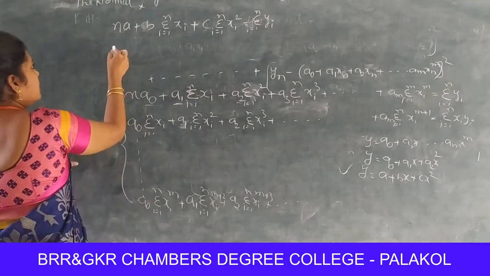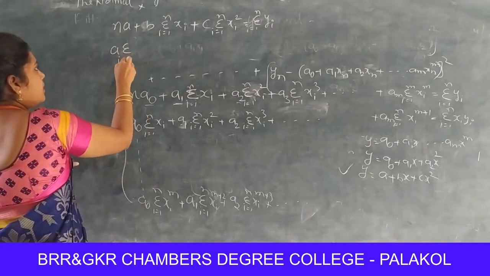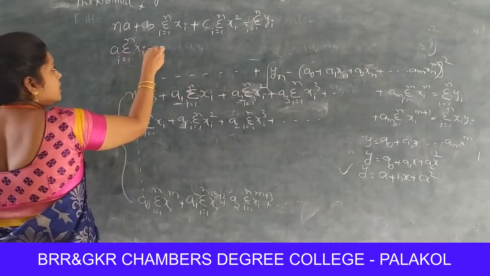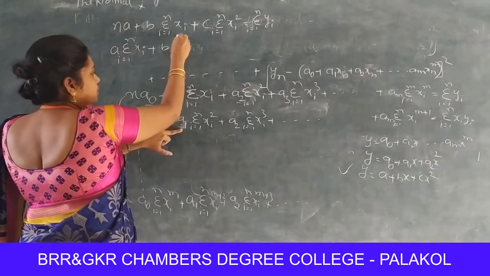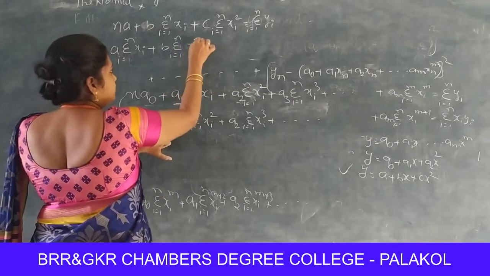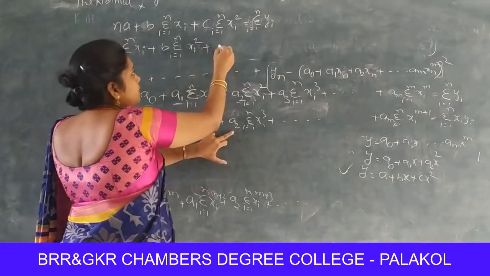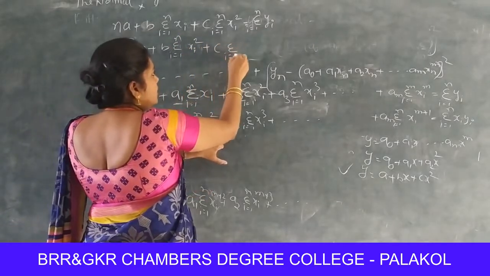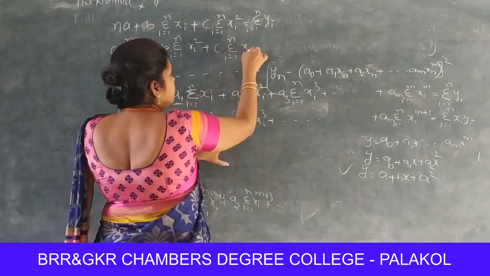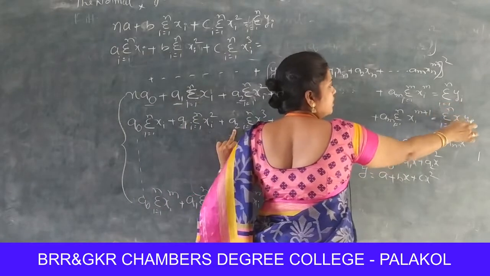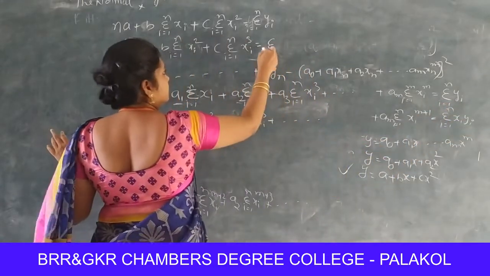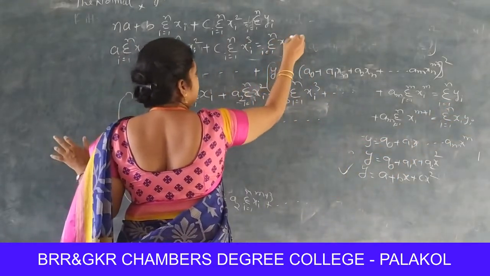Next equation: a into sigma xi plus b into sigma xi square plus c into sigma xi cube, equal to sigma xi yi.